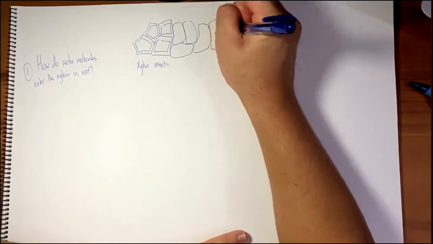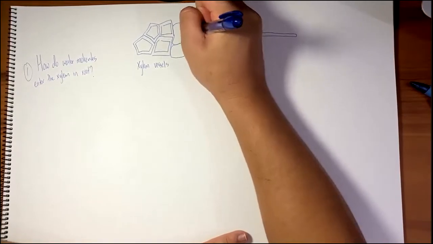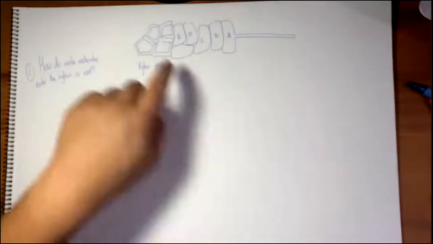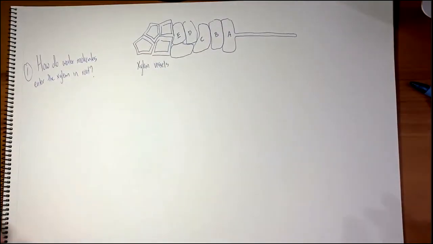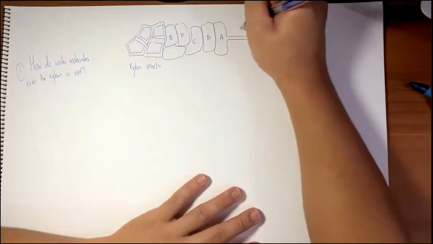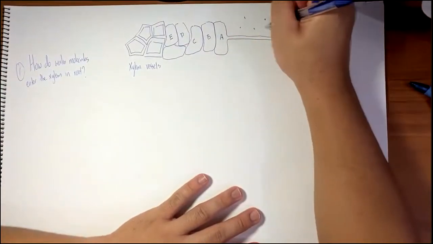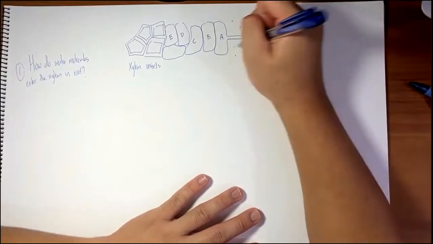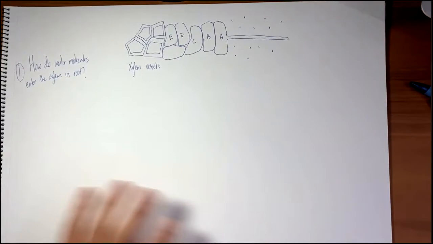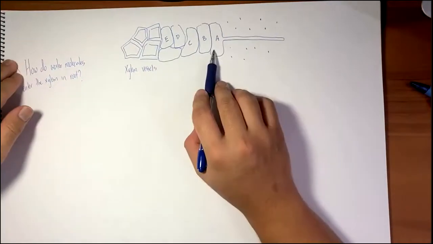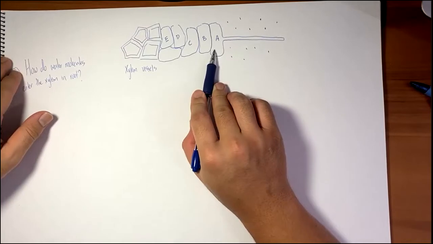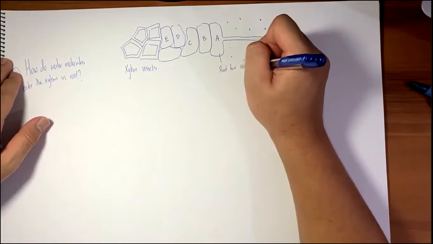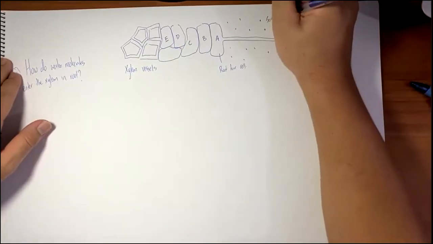This is cell B, C, D. This is the xylem vessel. So this is the soil. Here you have a root hair cell, and this is the soil region.